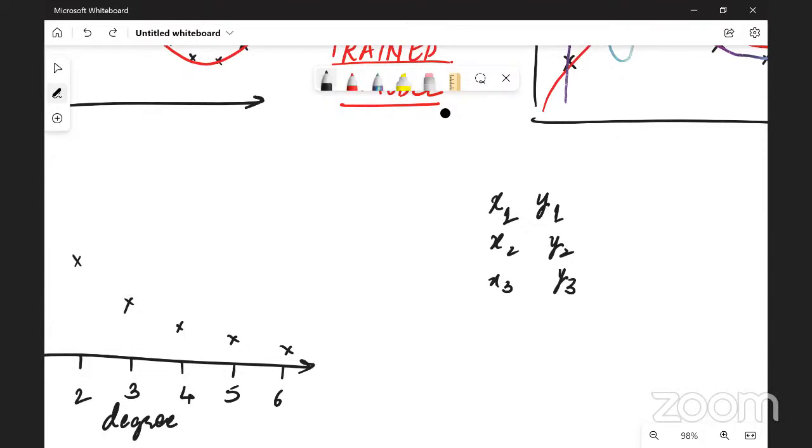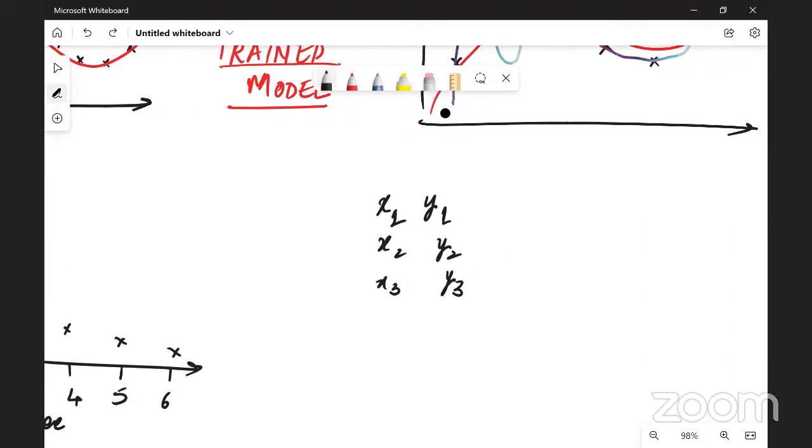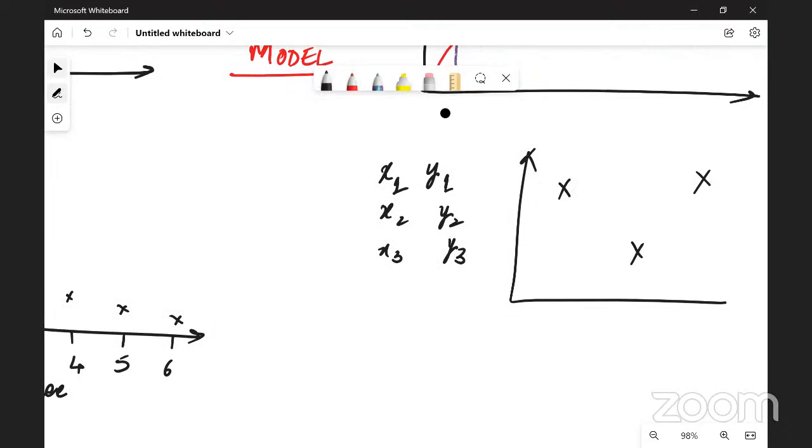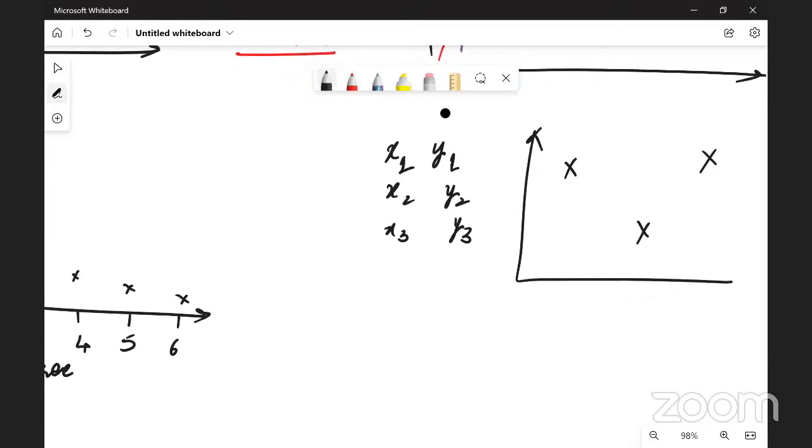If it's in a straight line, it will be a linear fit. Let's say they are not linear. They are something like this, and the loss function is 0. I want to create a function which goes through all 3 points.